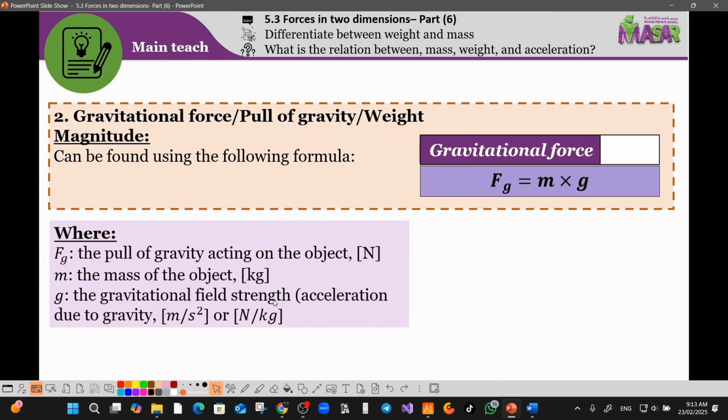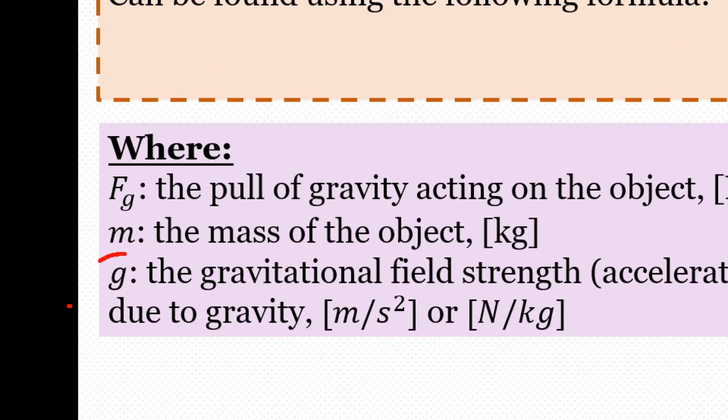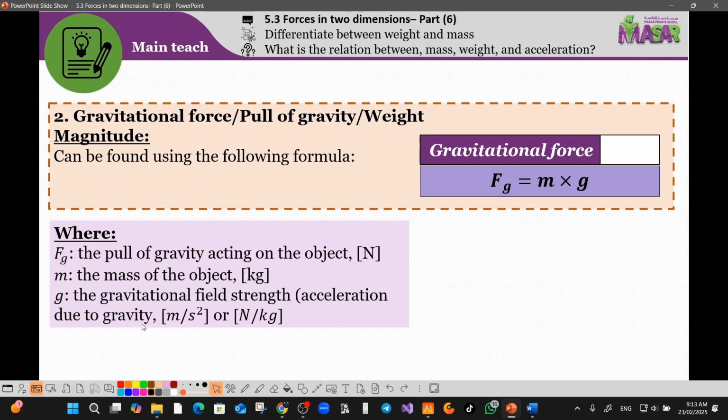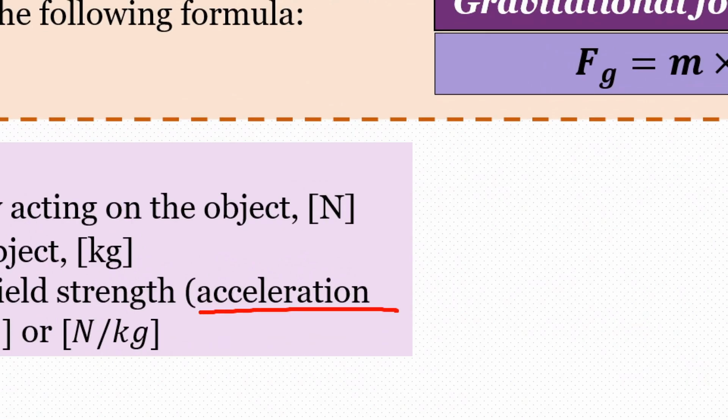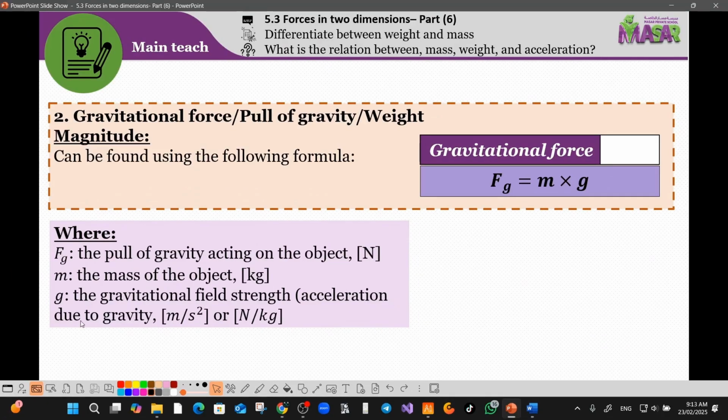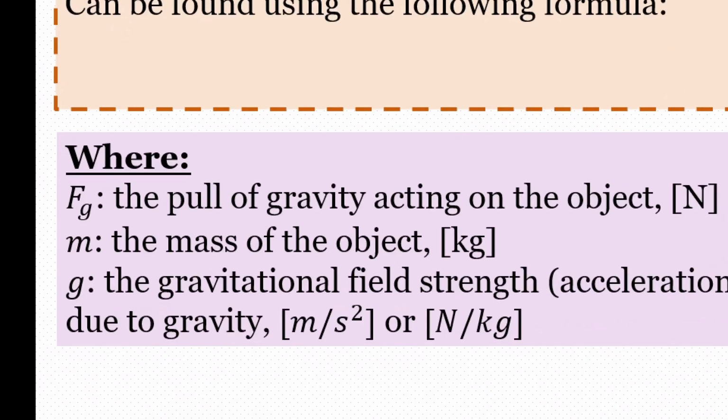Another name used to describe this g is the acceleration due to gravity. And since it's acceleration, it has a unit of meter per second squared. The other common unit for this g, since it's considered to be gravitational field strength, is newton per kilogram.